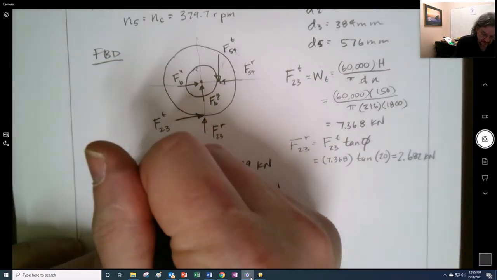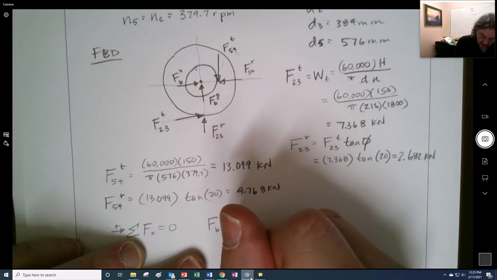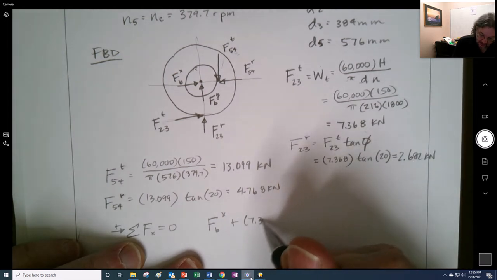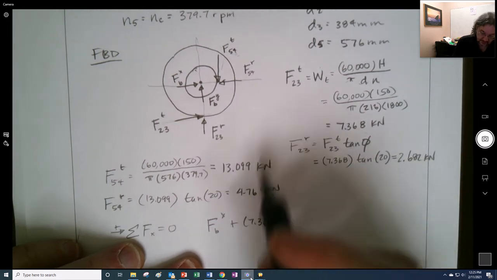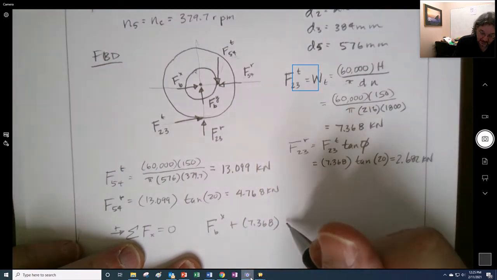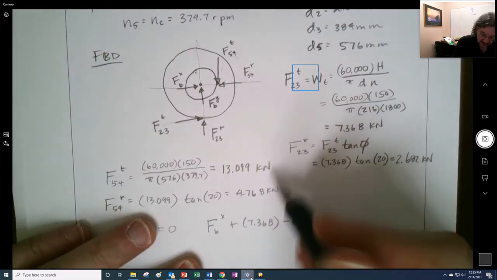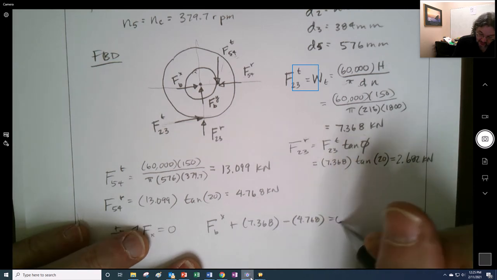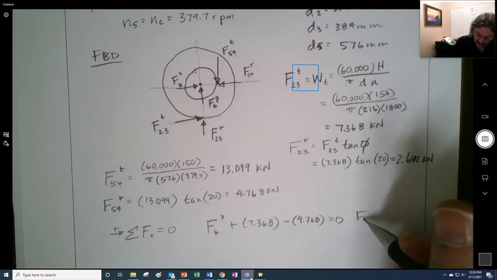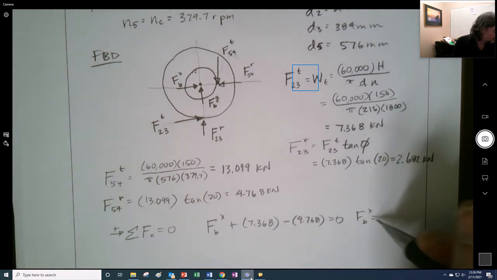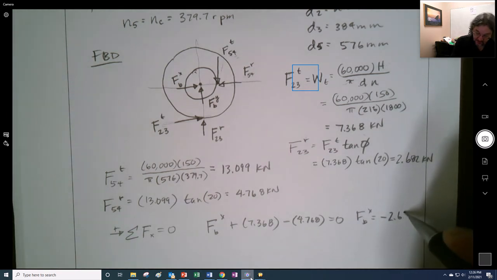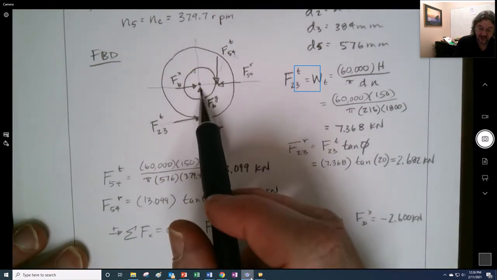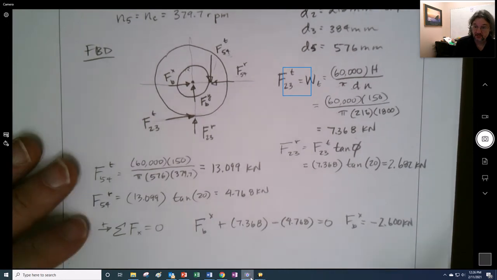Yeah, okay, that's tangent. So it's this 7.368, and then minus that radial, 4.768, equals 0. So we're going to end up with an FBX, I believe, of negative 2.6 kilonewtons. So that's going to be in the opposite direction as drawn. We drew it wrong, but we had to assume something.